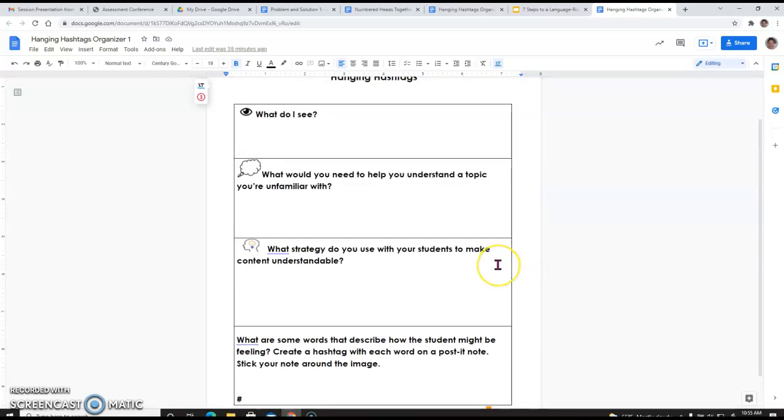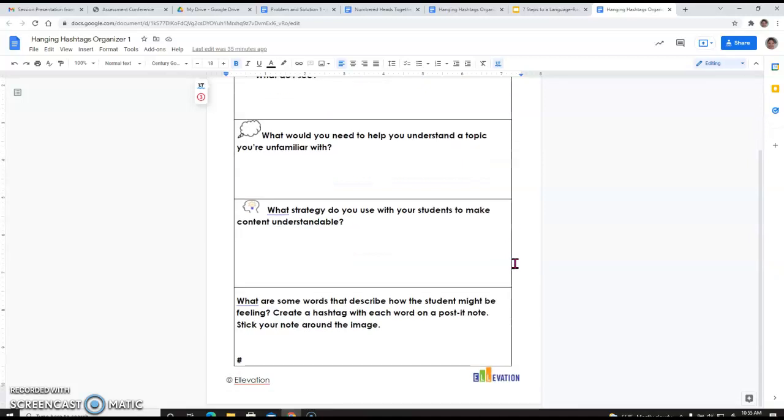A lot of people had spoken about their hashtags: hashtag frustrated, hashtag isolated, hashtag alone, hashtag confused, hashtag huh. So those were some of the responses that I had gotten. And they were actually really great responses.